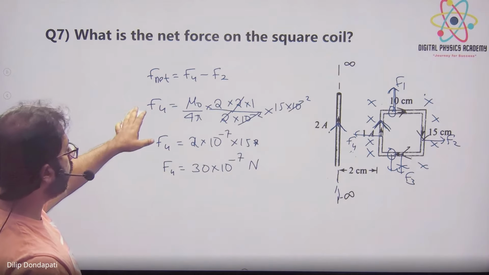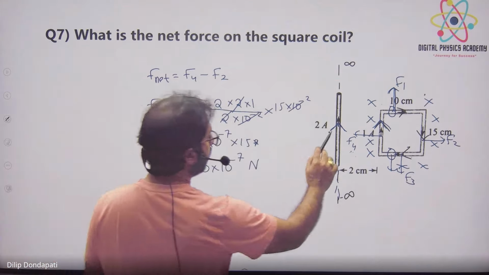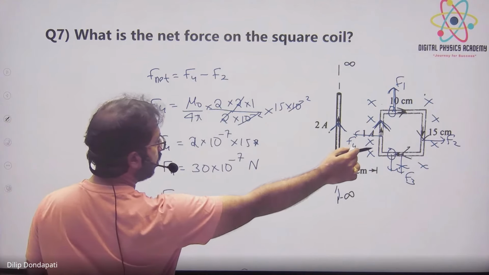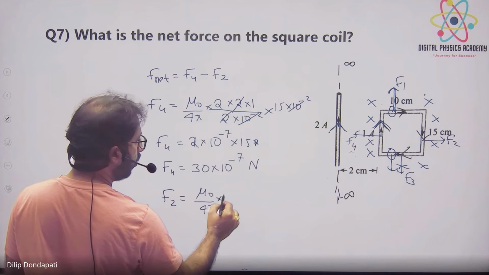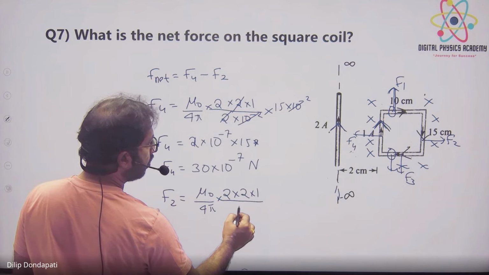So F4 is equal to 30 into 10 to the power of minus 7 newtons. These are force per unit length, we did not, force we are calculating. And the second one? 4.8 into 10 to the power minus 6. Final answer? No, wrong. Second force, how much is it? F2 is the force between these two wires. So mu naught by 4 pi into 2 into 2 into 1 by distance between them, which is how much? 12, right?